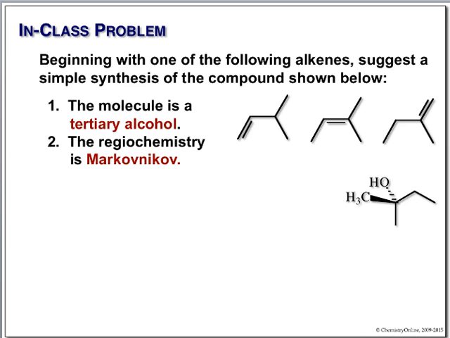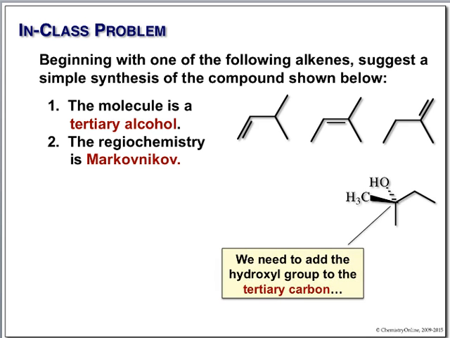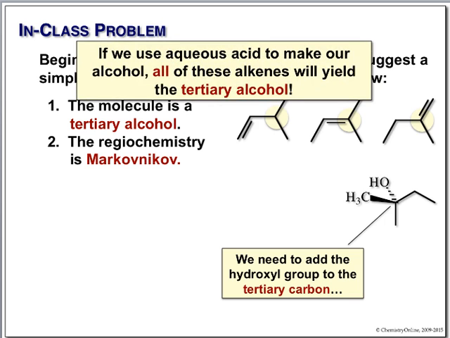All right, we need to choose an alkene. We are going to add it to our tertiary carbon here, right? We have two carbons here that have double bonds attached to the tertiary carbon. So we could take this guy, do simple hydration to get our tertiary alcohol.